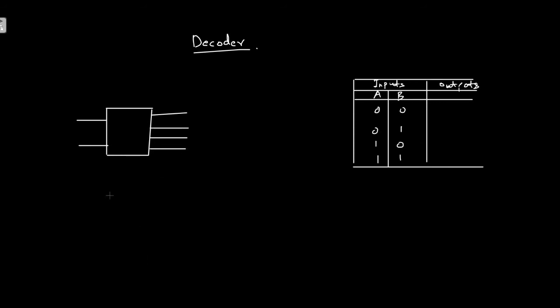Two inputs A and B. Outputs are Y0, Y1, Y2 and Y3. So we make 4 outputs.